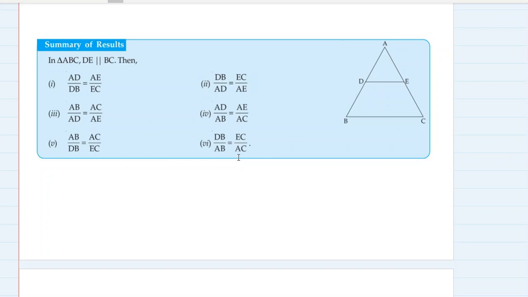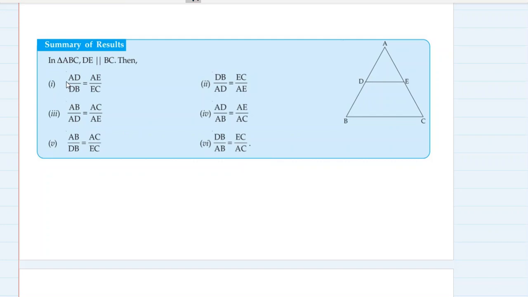These results can be applied by stating that we are using BPT, basic proportionality theorem. These all results are derived indirectly or directly by using basic proportionality theorem. So they all are related with BPT. Okay, so it is very important to know these results. Let's study them.